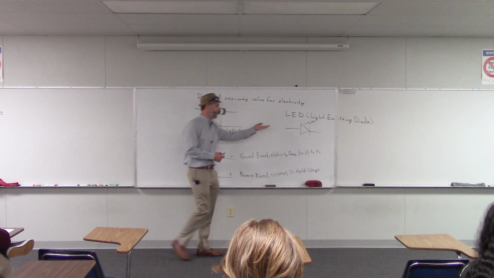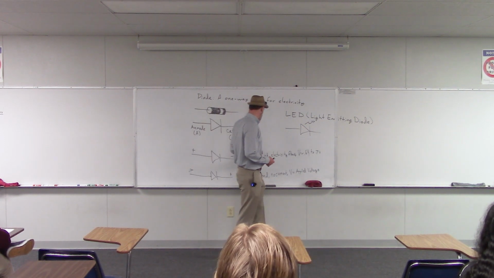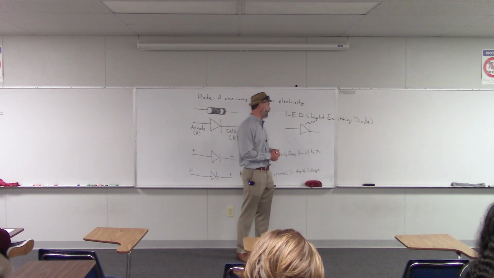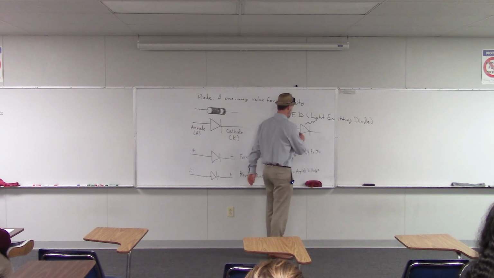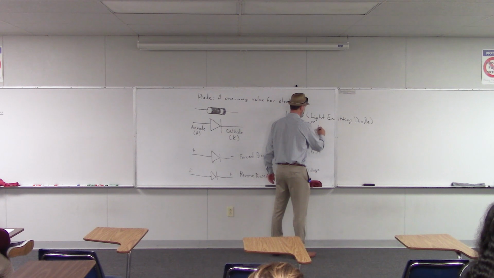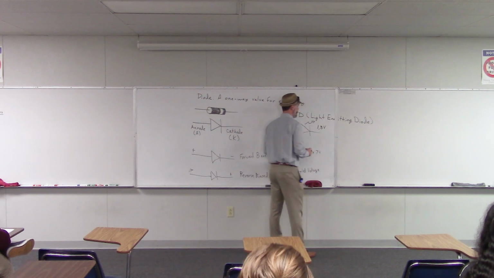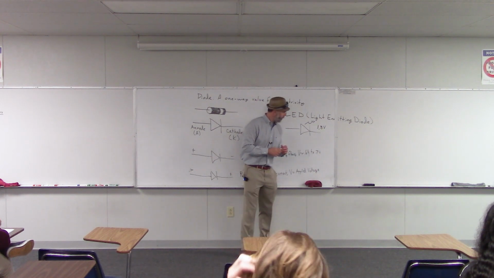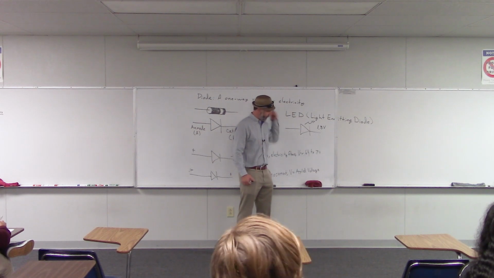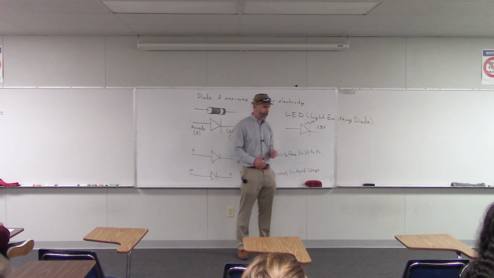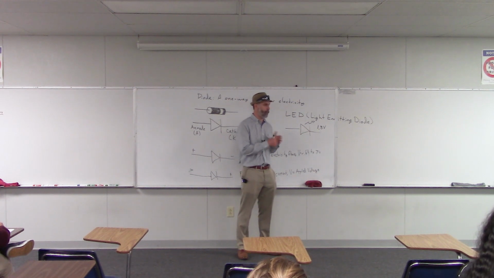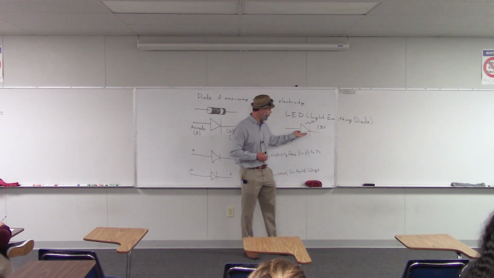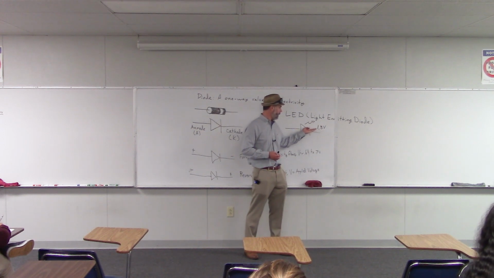So that means that the forward bias voltage for LEDs is different. On red LEDs, the forward bias is somewhere around 1.8 volts, something like that. Turns out that the different colors from other LEDs are created because they have different materials inside them, and those different materials actually create different voltages.